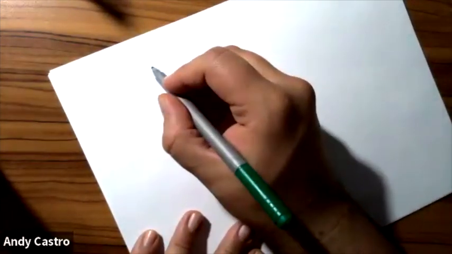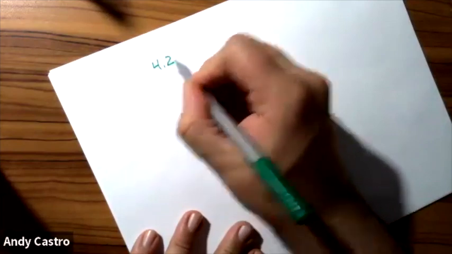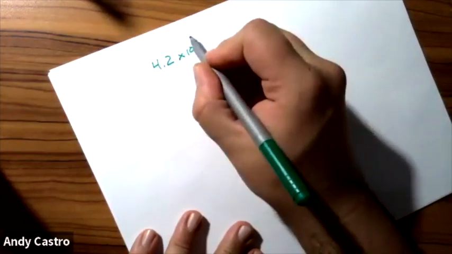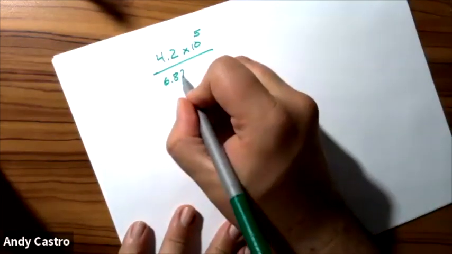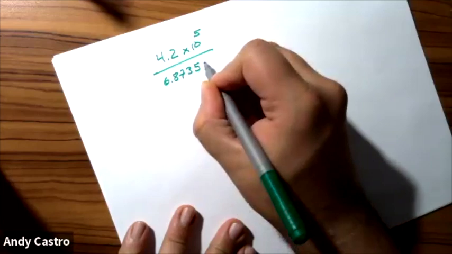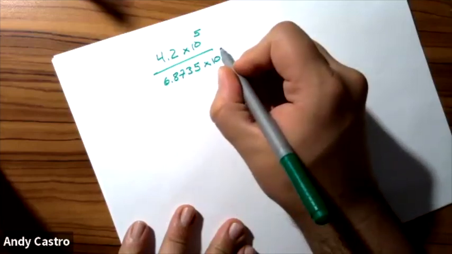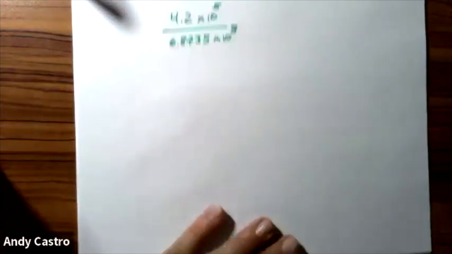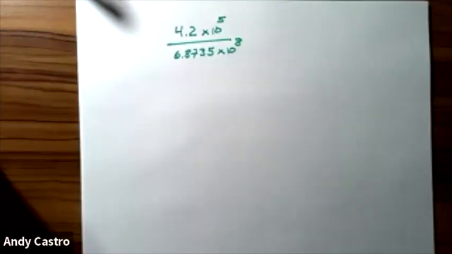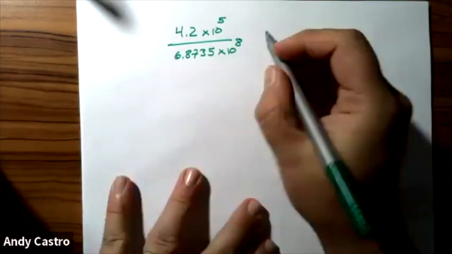Now let's look at dividing. Dividing is going to follow pretty much the same principles. All right, here we have 4.2 times 10 to the 5th over 6.8735 times 10 to the 8th.